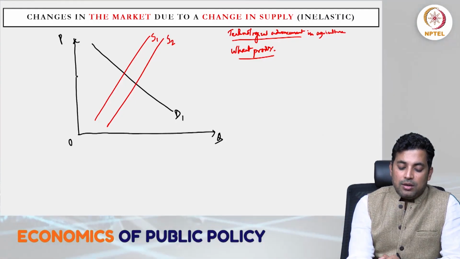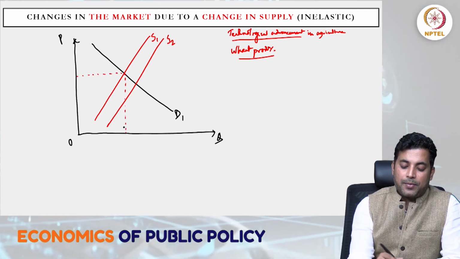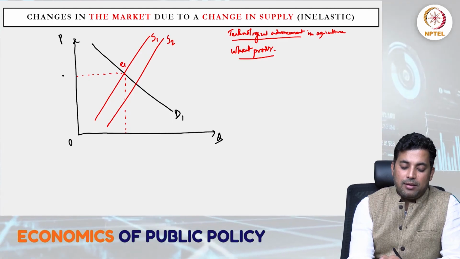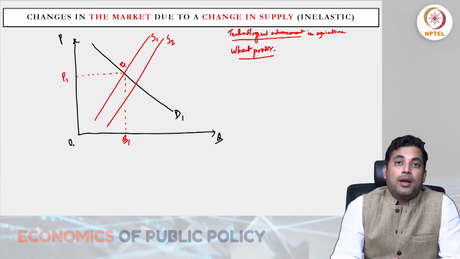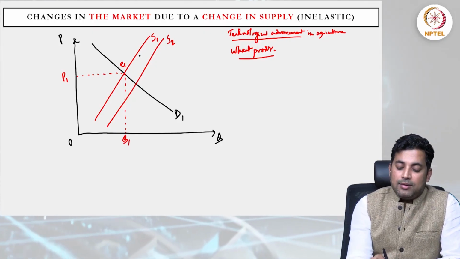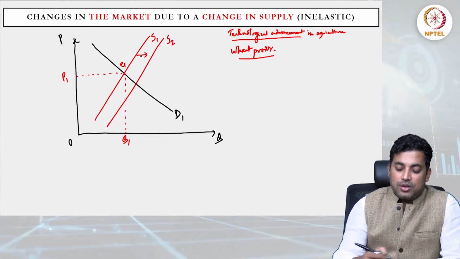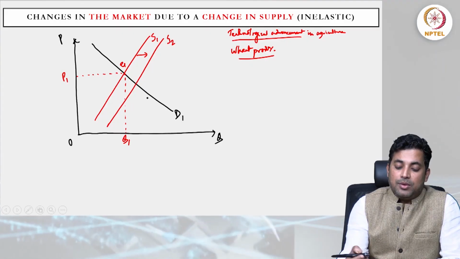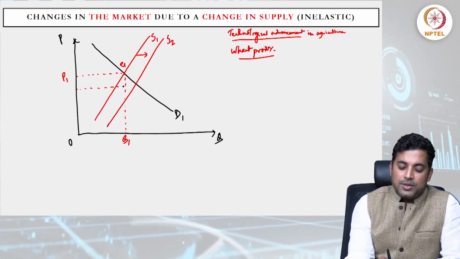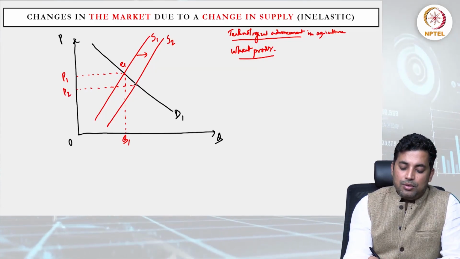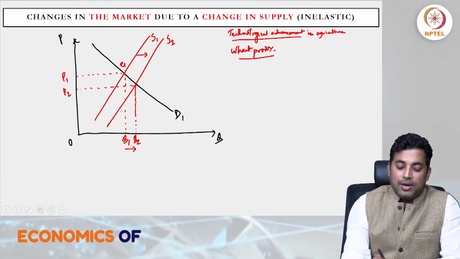So the initial equilibrium is E1, price, and here OQ1 amount of quantity, and then since supply is more of wheat production, the supply curve moves rightward, and then price fell down from say P1 to P2, and Q1 to Q2.